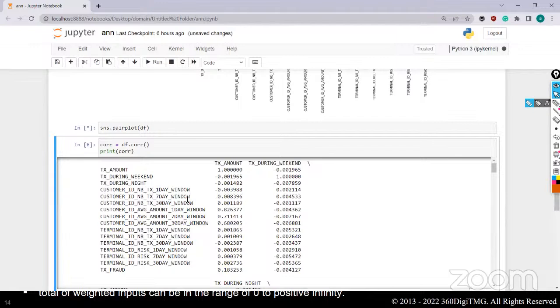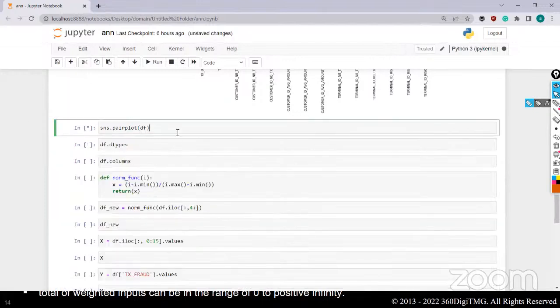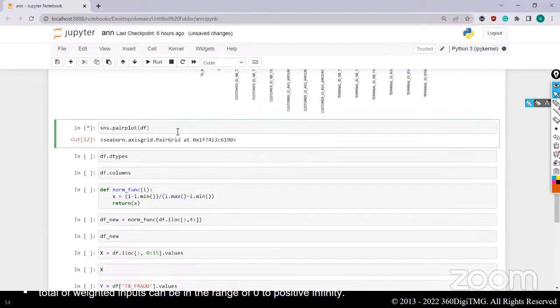This pair plot will give us the scatter diagram for all these values as well as the histogram. So let's just wait a minute for the pair plot to be ready. Since we are dealing with a large data set with 16 columns, it will take a little bit of time. We'll remove this correlation matrix because it is not giving us the information we need.